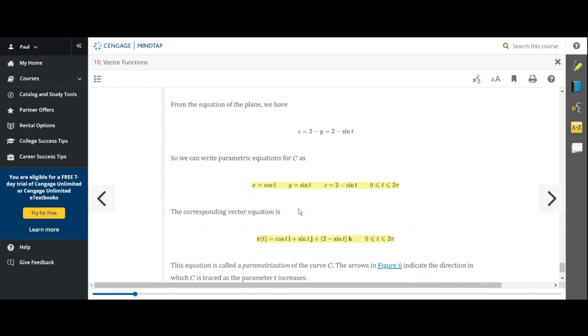Okay, are there any questions on that? Okay, Deodath is comfortable. Good. All right.